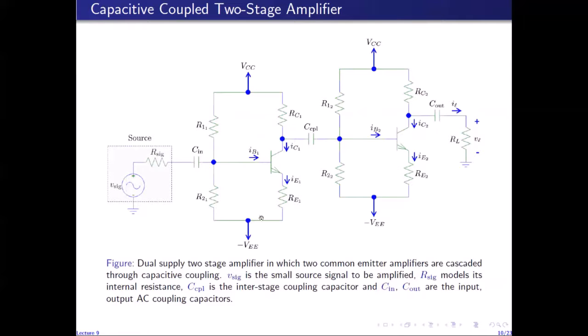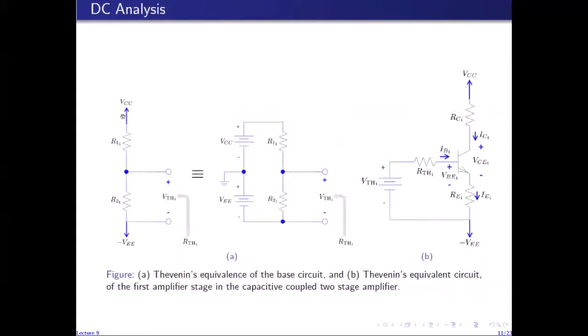So looking at this amplifier stage, because at DC this just becomes a voltage divider network, I can simplify the base side of this voltage divider network through this. So this is the same circuit as this.